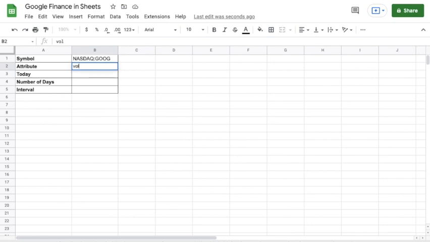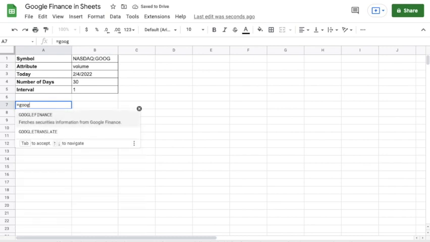So now let us try to find the historical volume of Google for the last 30 days. Number of days is 30 and interval is every day.